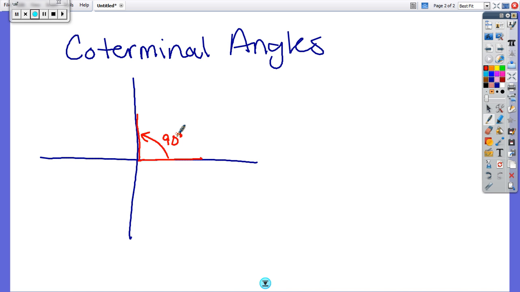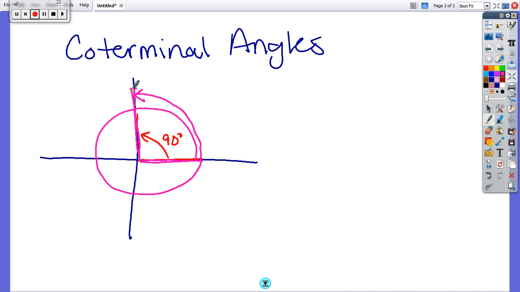Well, this is one angle. I can draw an angle that's coterminal to this. A coterminal angle to 90 degrees might be 450 degrees. And I'll use a different color to show that one. So it's going to have the same initial side, but this time it's going to rotate all the way around 360 degrees, and then it's going to rotate another 90 to get to there.